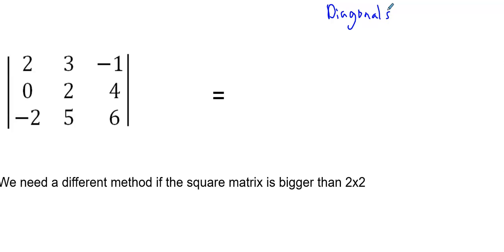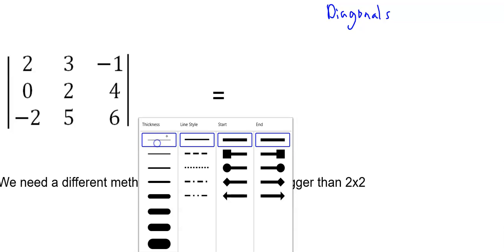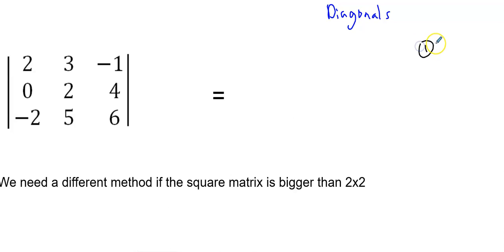So the diagonals method is where the first thing you do is, sounds weird to say, I'm going to try to write it out. So you want to copy the first two columns of data to the right.